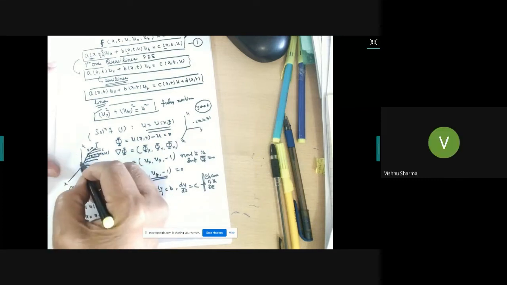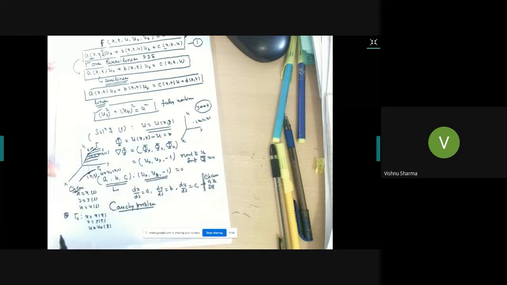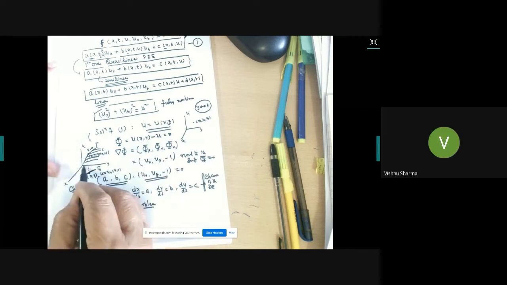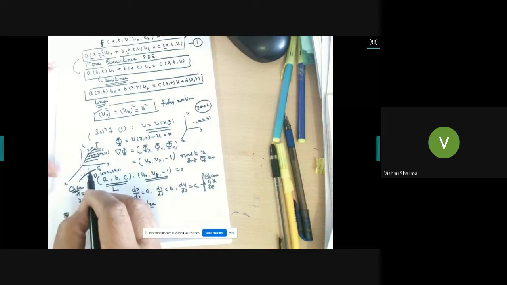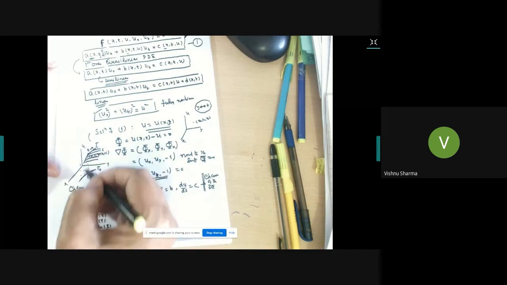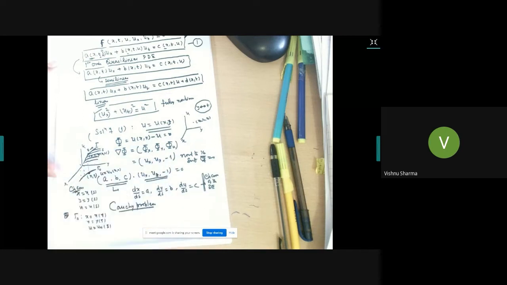So I can think of this space curve gamma. At each point, I know what u is, so this becomes the projection of this space curve in the xy plane at that height.